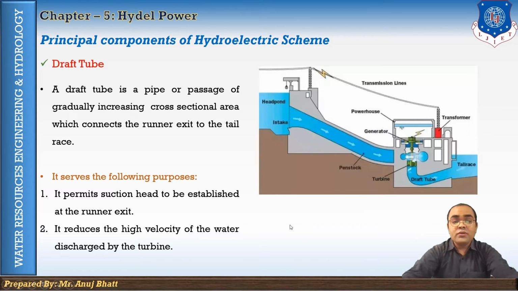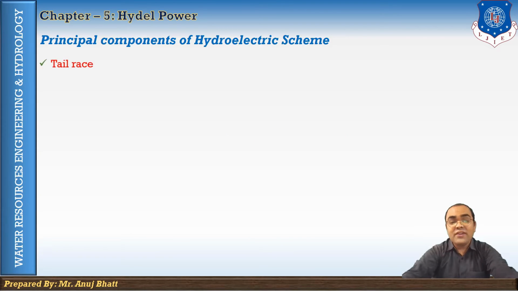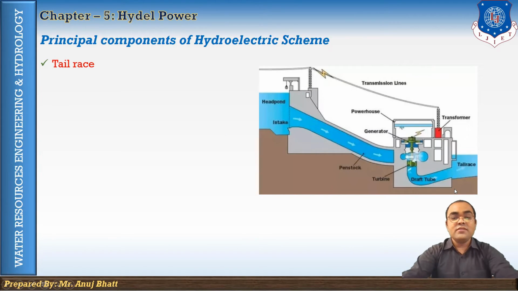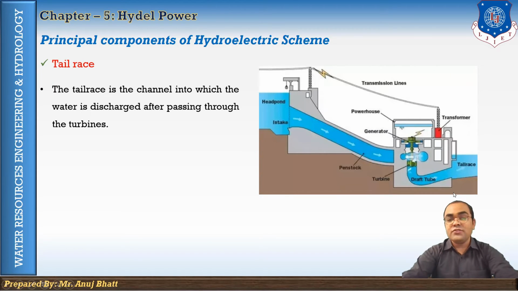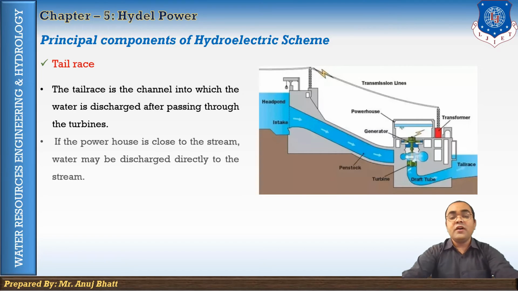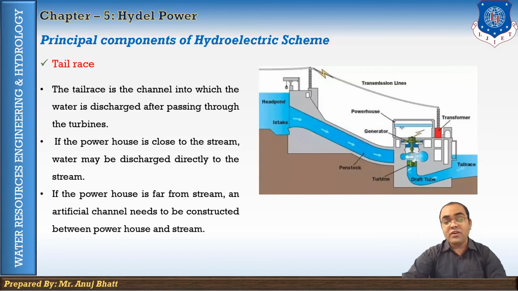So the last component is the tail race. The tail race is the channel into which the water is discharged after passing through the turbines. If the powerhouse is close to the stream, the water may be discharged directly into the stream. In a different case, if the powerhouse is far from the stream, an artificial channel needs to be constructed between the powerhouse and the stream to discharge the water.